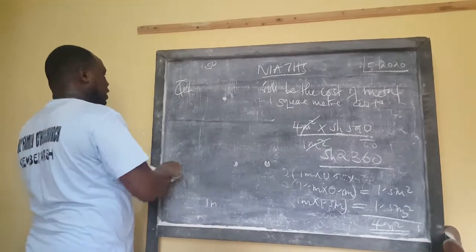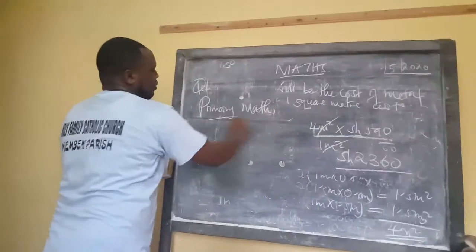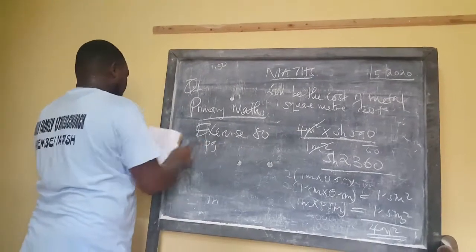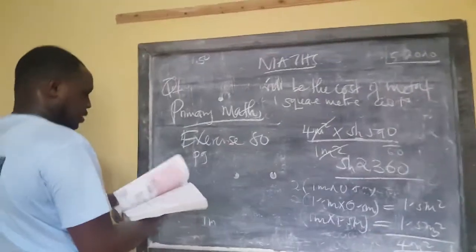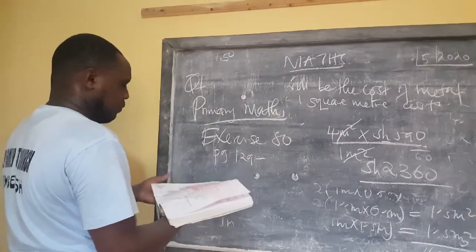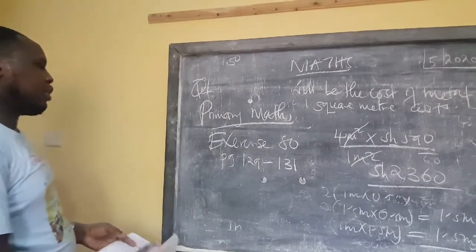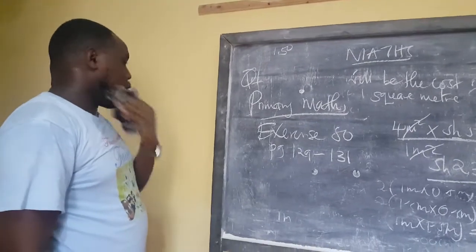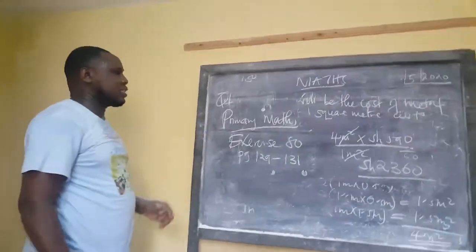Actually, exercise 80, primary maths, that is on page 129 through page 101. That will be your practice exercise. Kindly do it and do it properly. Where the cuboid is open, show that it's open, and you'll get the answers correct.